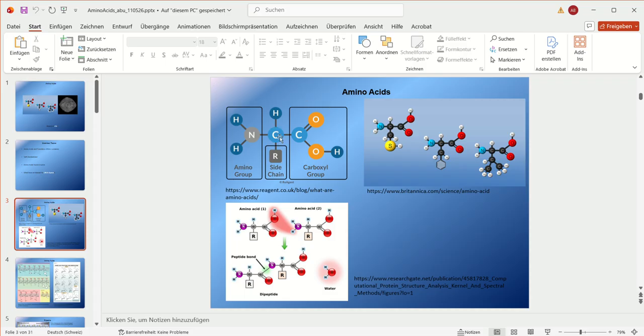And in the middle, there's just one carbon atom with a hydrogen and a side chain. The side chain here is just shortened as R for rest or remainder. But this is of course the most important part of the amino acid, because there is the variation, and there is the action of the amino acid together with the other amino acids in the protein.